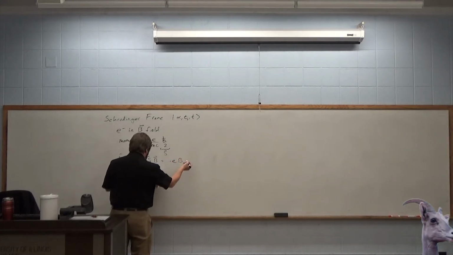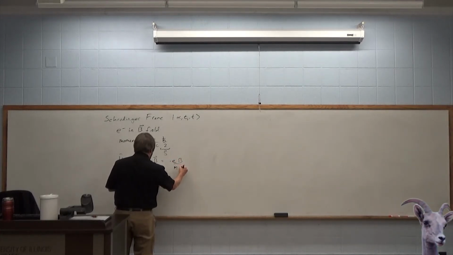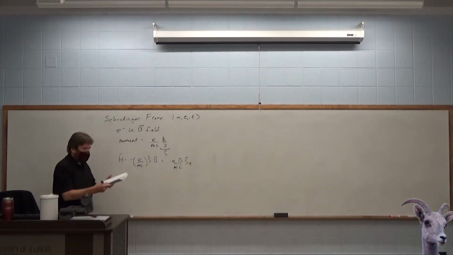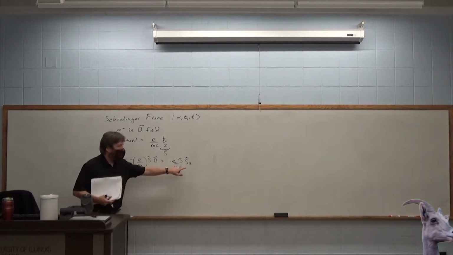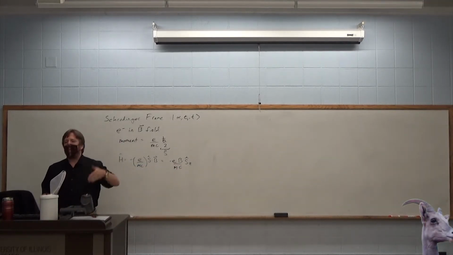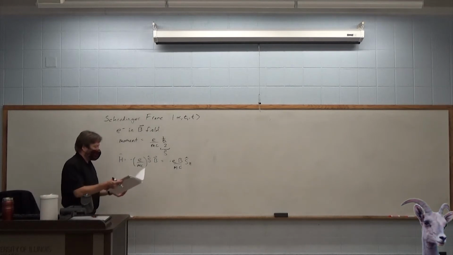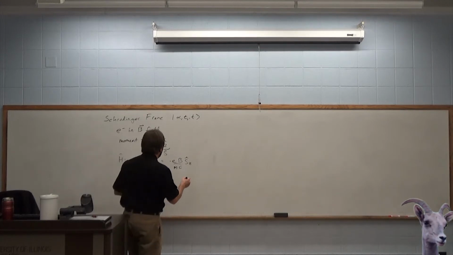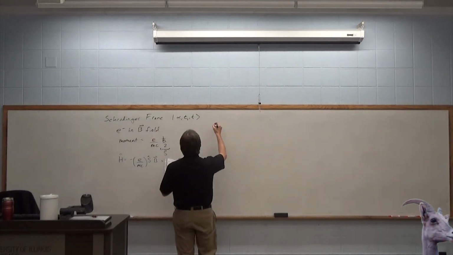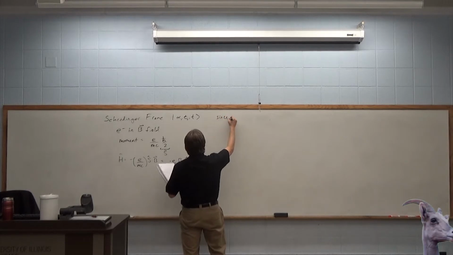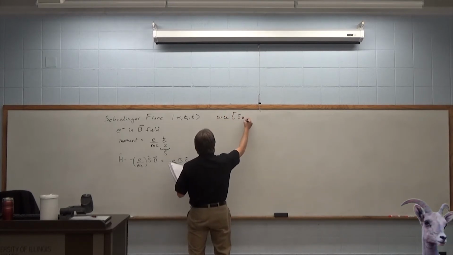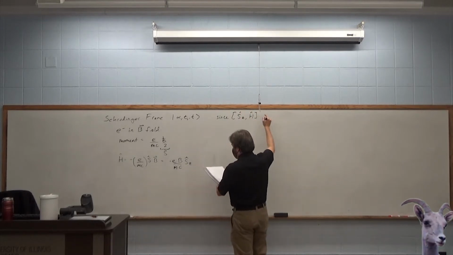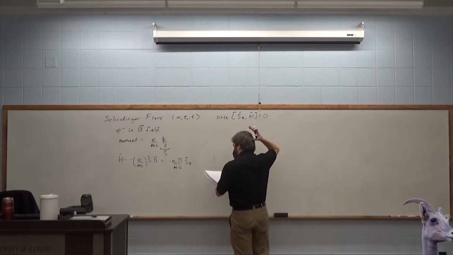The field is a Tesla or something, which I think is a hell of a lot. So we've decided that the dot product here, the magnet is pointed up-down. Relatively straightforward. Now, let me point out: clearly S_z and the Hamiltonian commute because the Hamiltonian is a function of S_z.